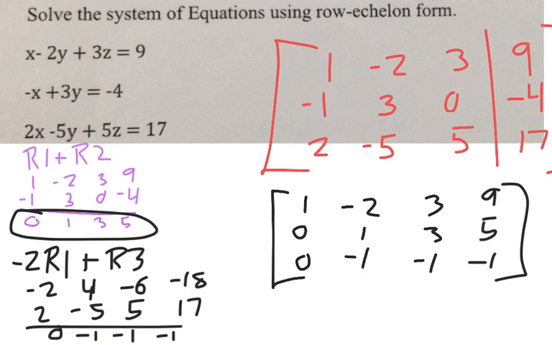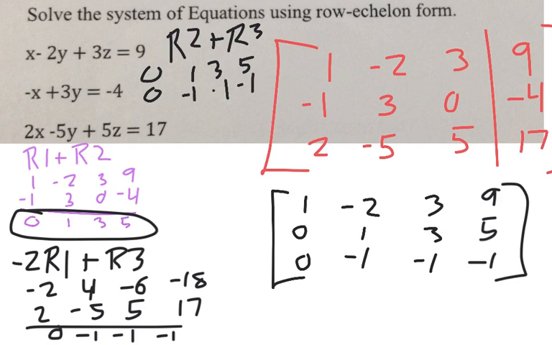Everybody's okay to hear? So now I got a 1 here, I've got zeros here. Good. Next, 1 here. Huh, nice. Okay, next thing, 0 here. Well, I need to combine rows 2 and 3 to make this become a 0. Well, it's going to 0 out anyways, right? Just by combining it the way it is. So I'm going to go ahead and combine rows 2 and 3. Row 2 combined with row 3 is going to be 0, 1, 3, 5, and 0, -1, -1, -1, which gives 0, 0, 2, 4.